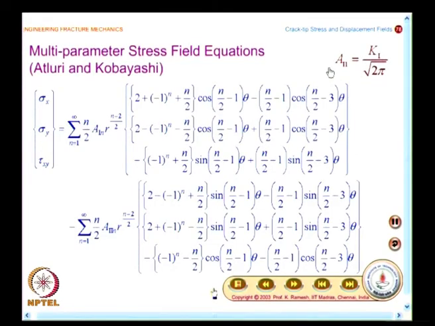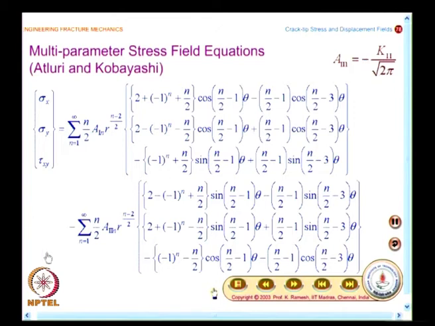I have A11 given as k1 by root of 2 pi, please write this down. As I mentioned earlier, the terms involving A1 correspond to mode 1 loading, and the terms involving A2 correspond to mode 2 loading. A21 is related to minus k2 divided by root of 2 pi.